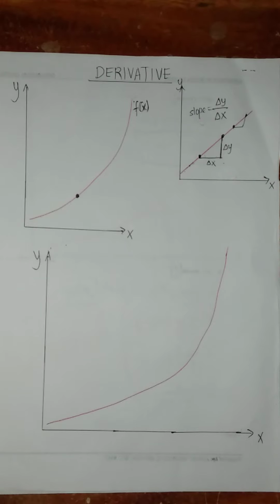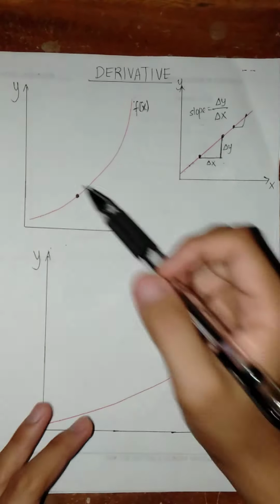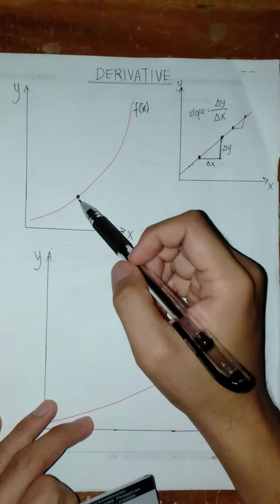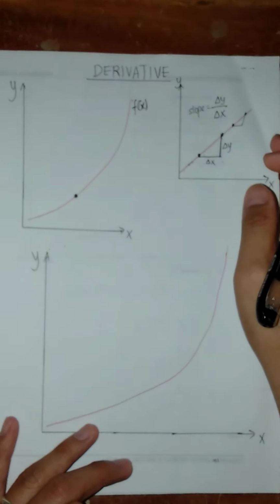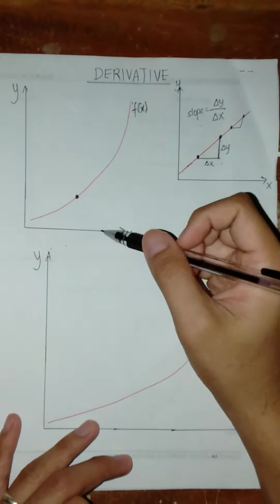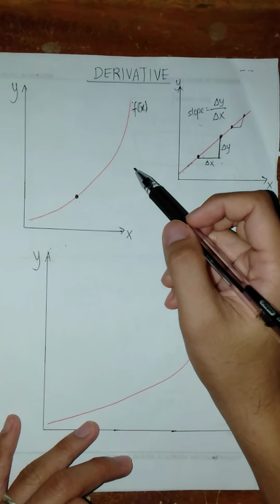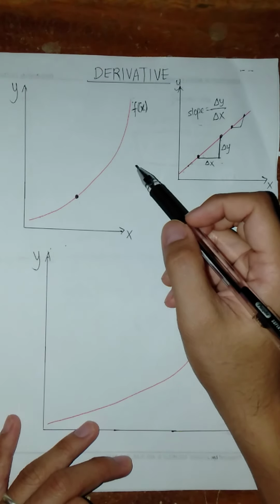Sabi ni Newton, Sir Isaac Newton devised a way. Gusto niya kasing malaman, ito yung nag-interest sa kanya, parang nag-fuel sa kanya to devise the derivative, or to create this concept or this theory.